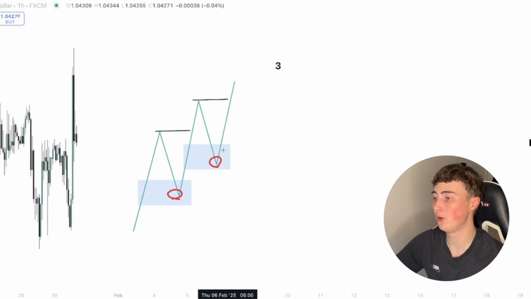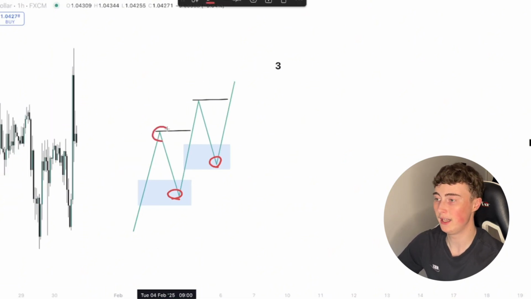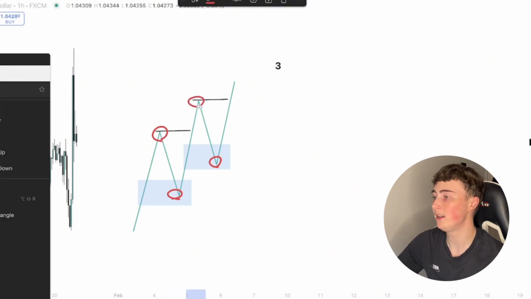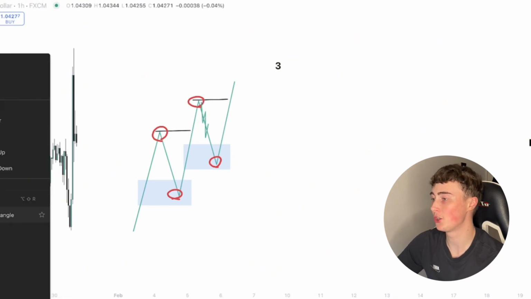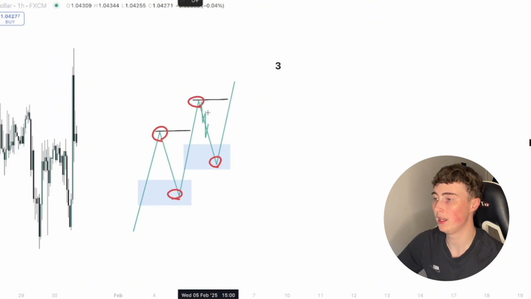The same goes if you're targeting internal range liquidity. Instead of trying to catch this up here whilst the 4 hour and 1 hour are still bullish, you want to wait for price to actually switch that order flow and already be on the way down to the internal range liquidity, and then you can catch these highs up here at the top.